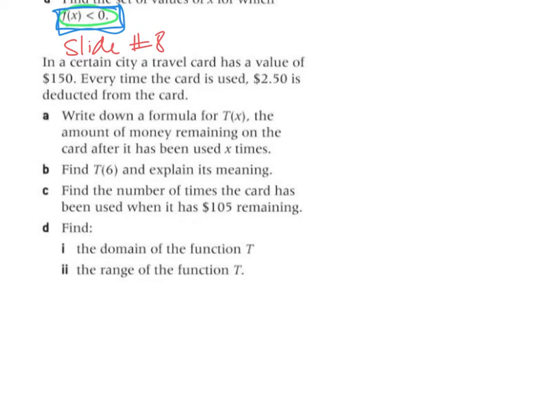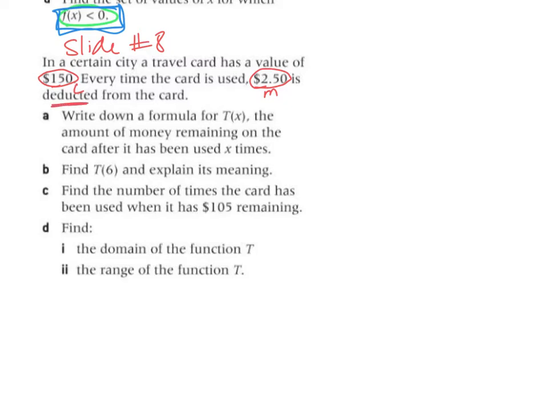If you think about this in terms of a graph, the y-intercept would be $150, because when the card has been used 0 times, there's $150 on the card. That's going to be your C, your y-intercept. And then this is going to be your slope, but since $2.50 is being deducted, your slope is going to be negative.